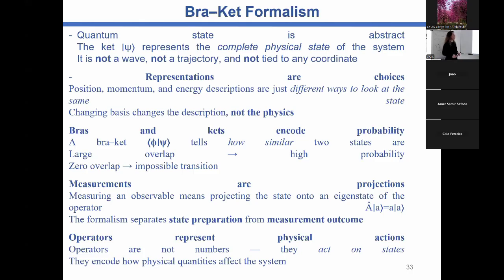So the operator is usually described using a matrix, and the ket and the bra are matrices, one with one column and one with one row, for ket and bra respectively.